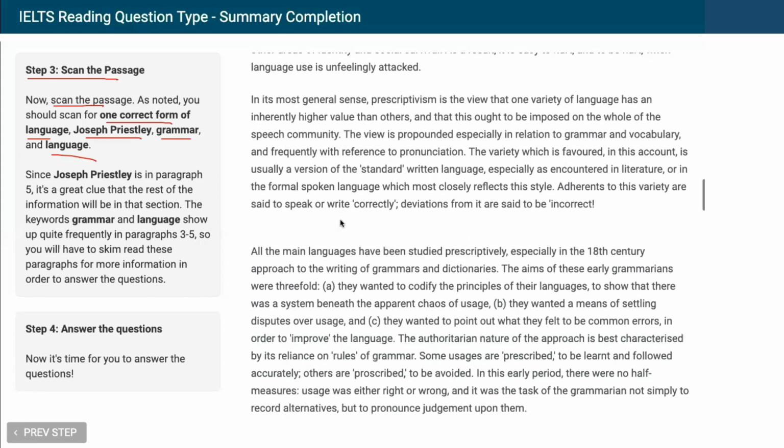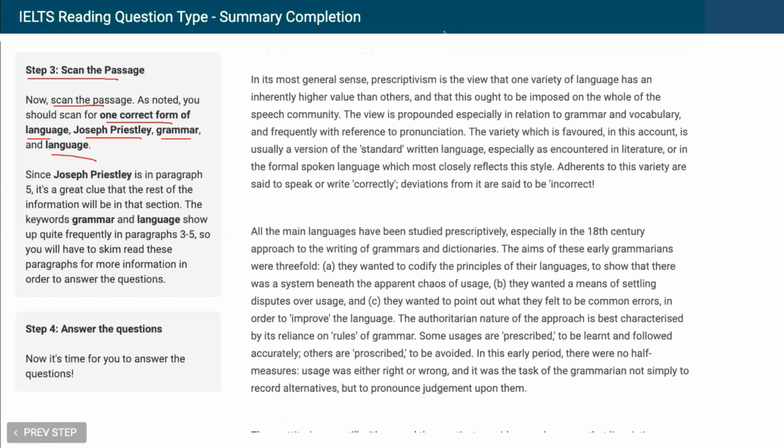But if I look here just from scanning briefly, I am already caught by the fact that I am looking at grammar in this paragraph here where I see grammar. And I also saw something about language earlier in this paragraph above. So I'm already drawn here to, I would say, paragraph 3.